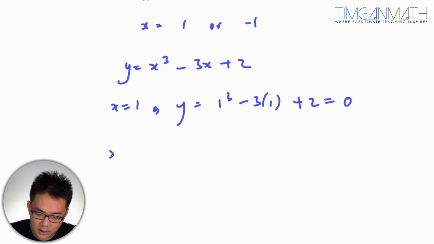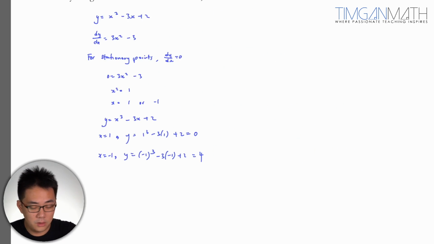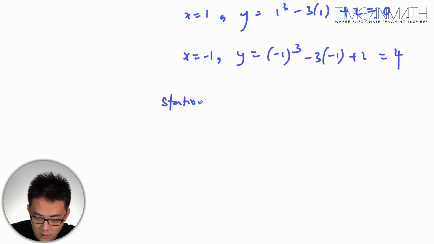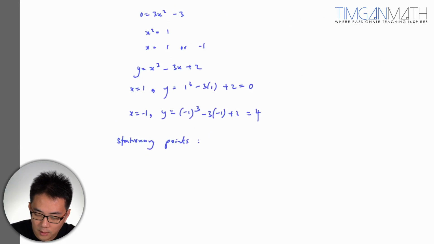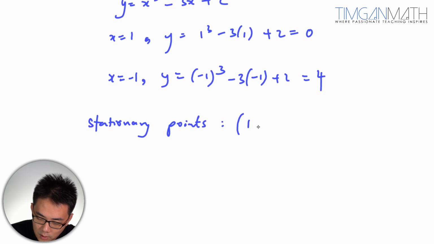And when x equals negative 1, we have y equals negative 1 cubed minus 3 times negative 1 plus 2, which is 4. So the stationary points are (1, 0) and (negative 1, 4).